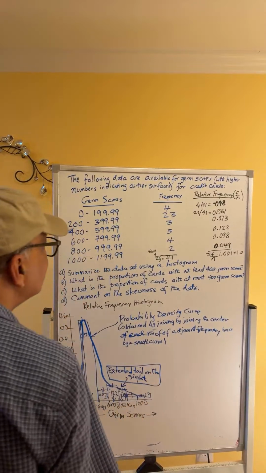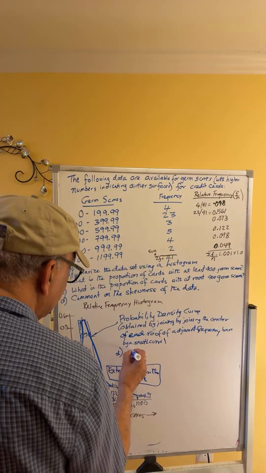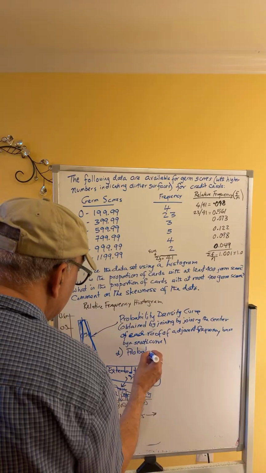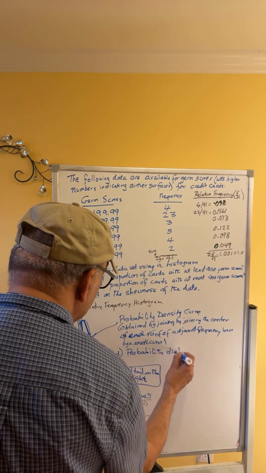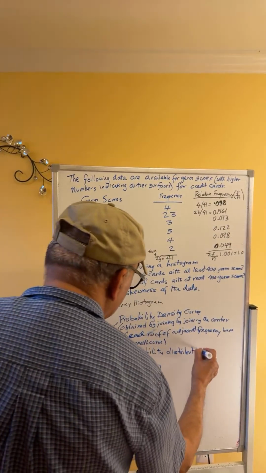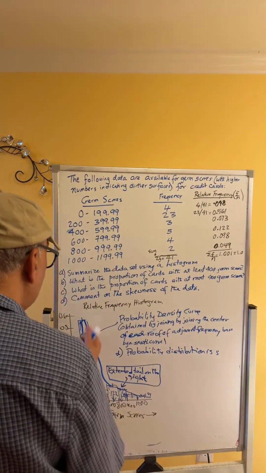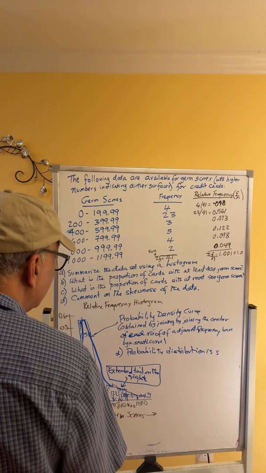So to answer part D, the probability distribution is skewed to the right. Why? Because of the extended tail on the right. That means there are many large numbers, although most of the data, the center of the data, is between 200 and 400.